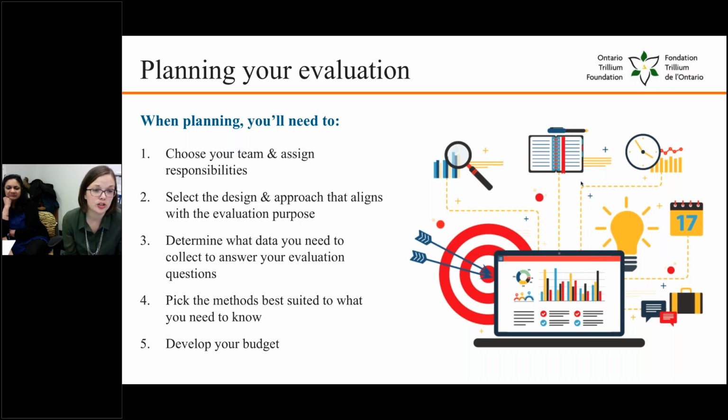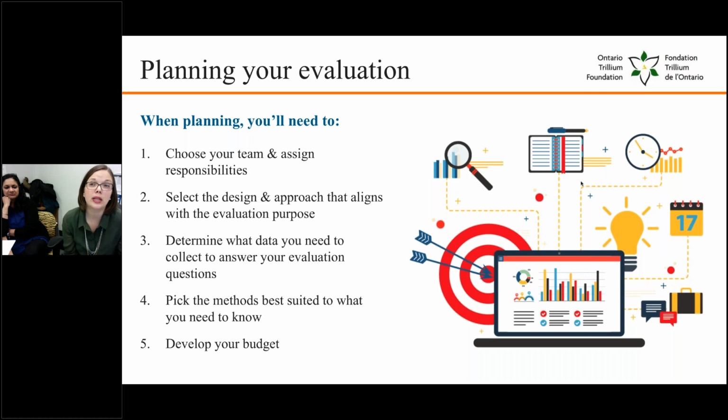The next is you want to determine what data you need to collect to answer your evaluation questions. You might want to consider what type of information you need and from whom. Is it individuals you might want to interview or do a survey? Or is it more from groups, so do something like a focus group. You could look at collecting how people are behaving in a group setting.